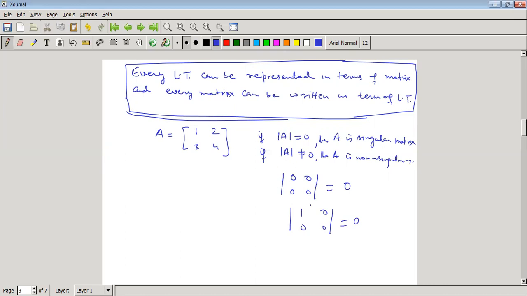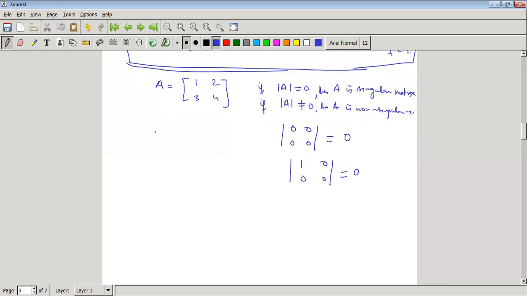Now, we have a matrix whose determinant is equal to 0, so this matrix is said to be a singular matrix.